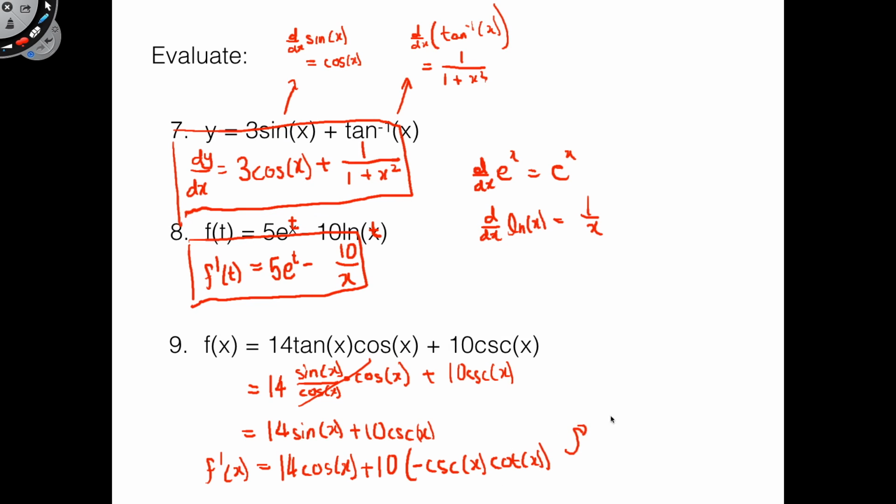So this is just going to end up being a total of 14 cosine of x minus 10 cosecant x cotangent x. All right, so there you have it. That's what these derivatives are.